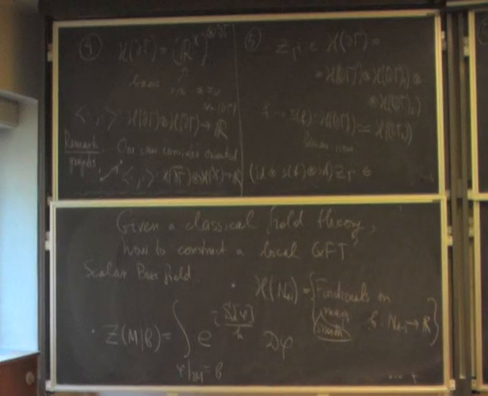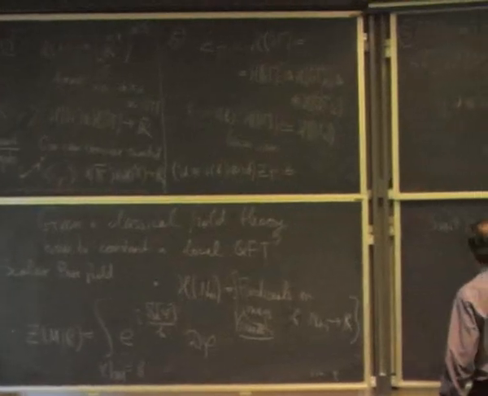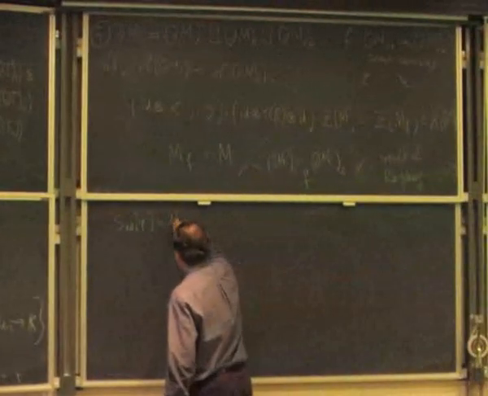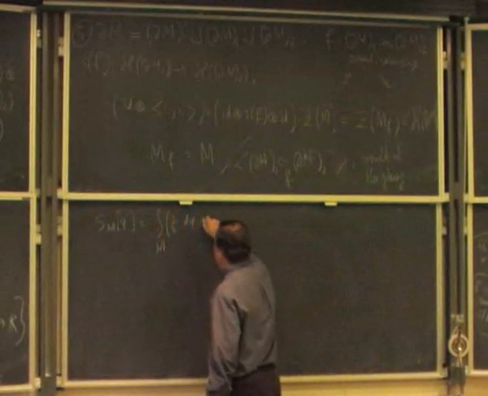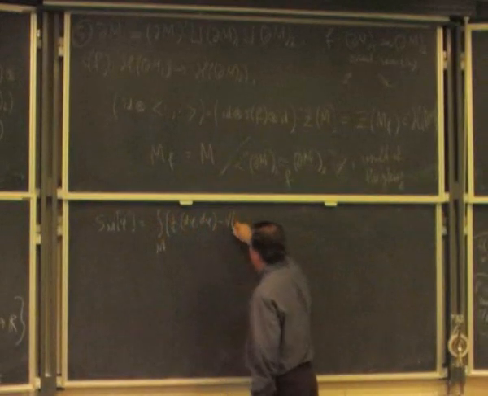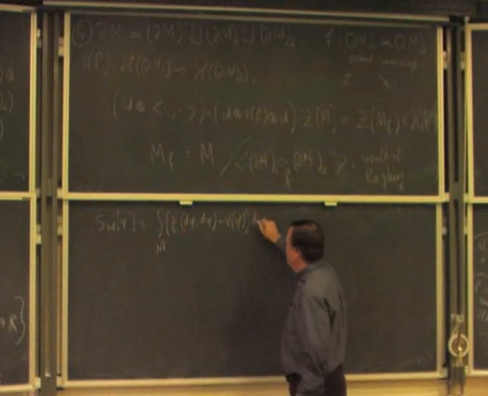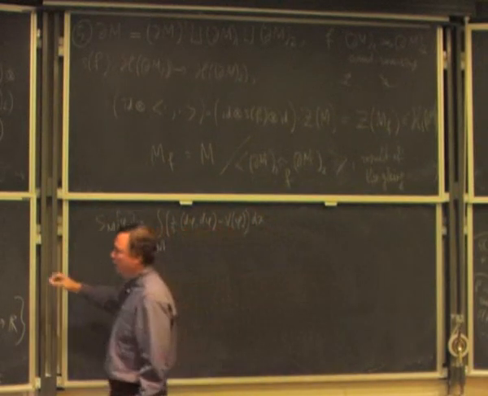It's the integral over M of 1/2 (dphi, dphi) dx. The assumption is that M is Riemannian.